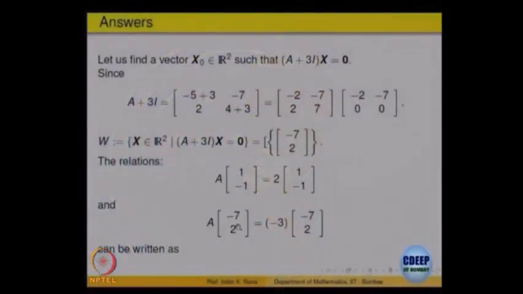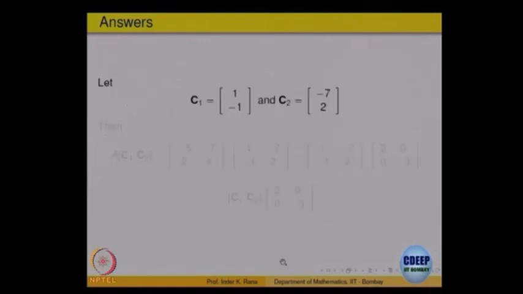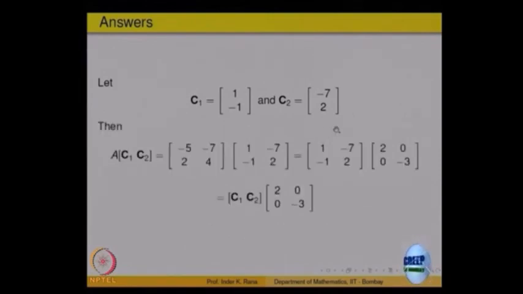So, let us call this C1, call that C2, and form a new matrix, right. Then what is A applied to this matrix? It will be AC1 plus AC2, but what is AC1?